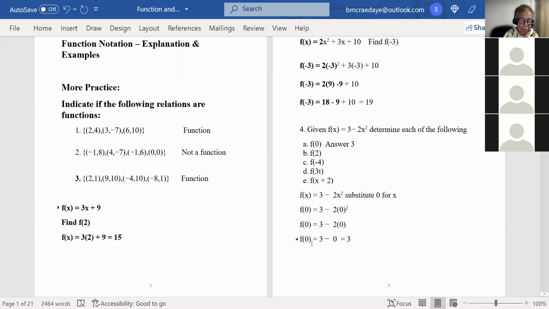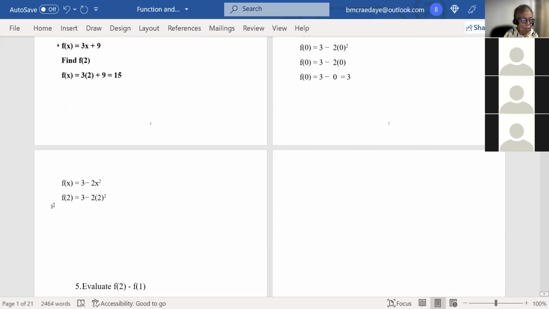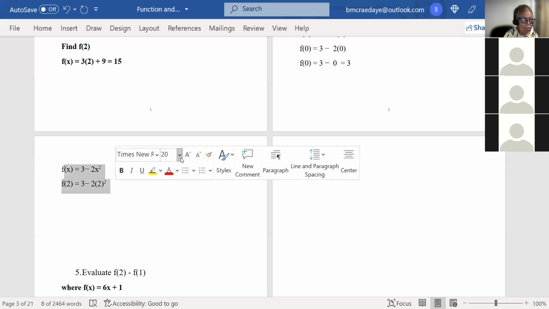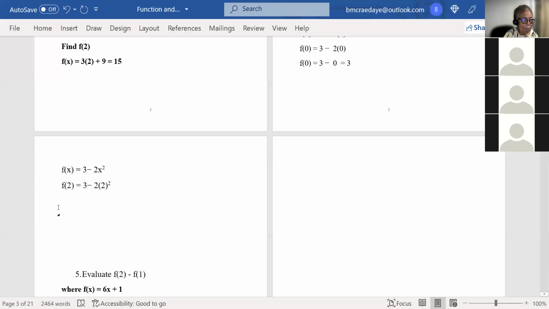So f of 0 is 3 minus 0, or 3. Okay, and now we're doing the next one, which is f of 2. So wherever there's an x, you want to put a 2. So now we are over here, and solve that. What do you get, Latoya? You solved it? What is f of 2 equal?